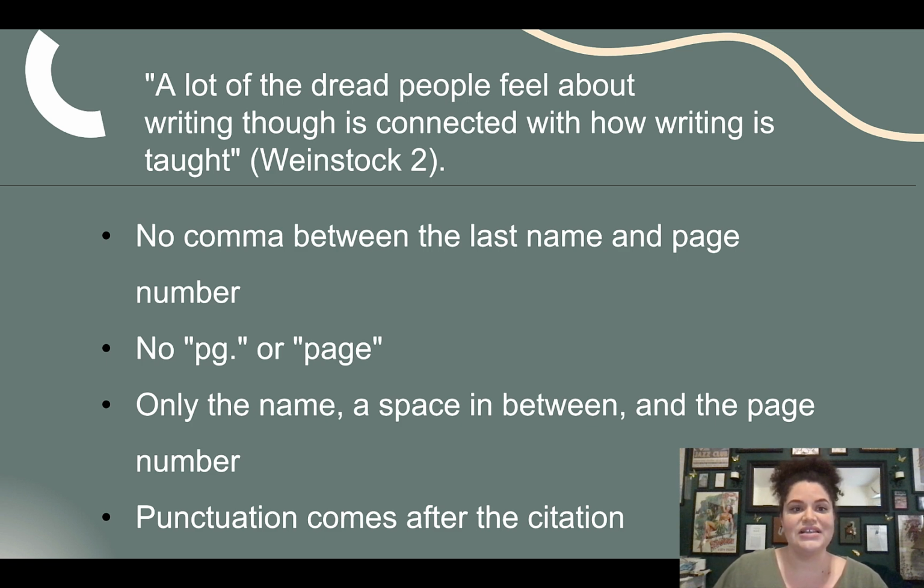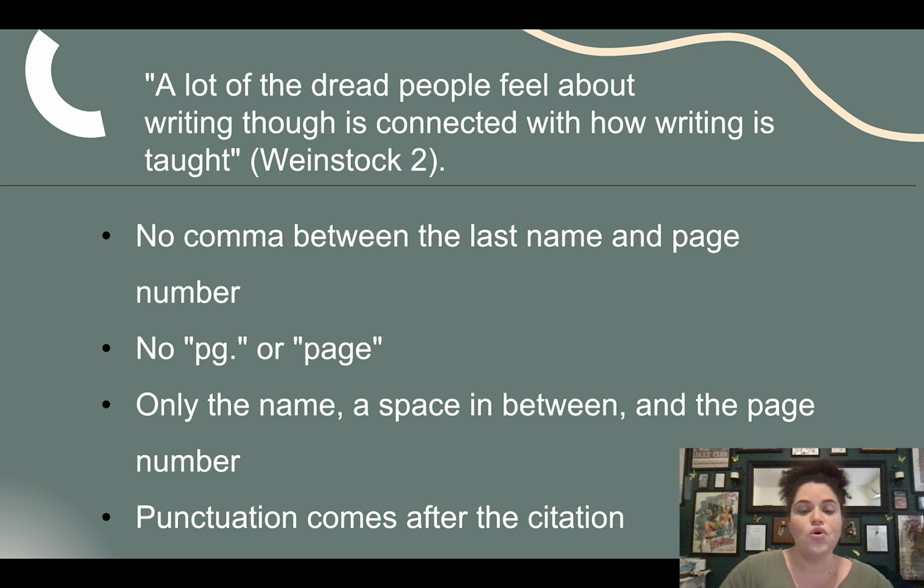The quote is, "A lot of the dread people feel about writing, though, is connected with how writing is taught." And then in the in-text citation is Weinstock 2. What that indicates is that the last name of the author of the source where this quote came from is Weinstock, and that within the source, this quote can be found on page 2.